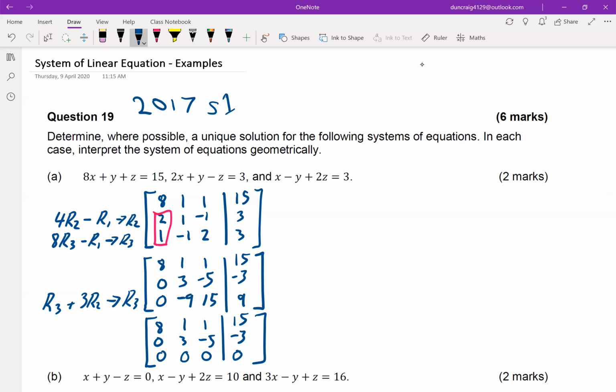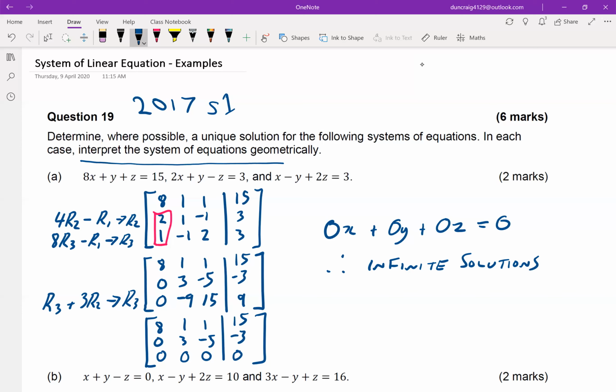So therefore we can say that 0x plus 0y plus 0z is equal to 0. So therefore infinite solutions. And in each of these cases, interpret the system of equations geometrically.